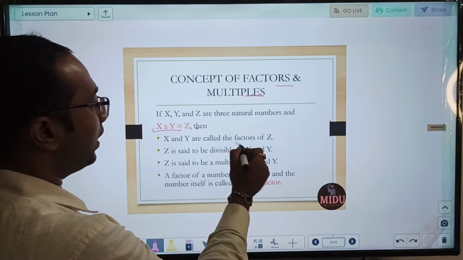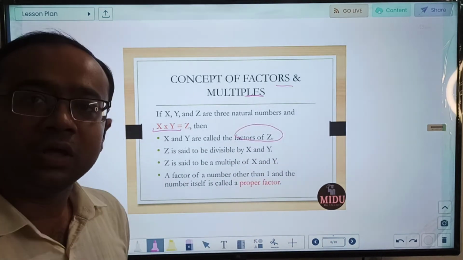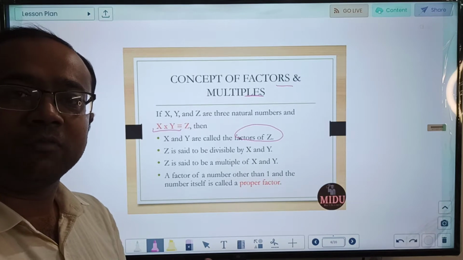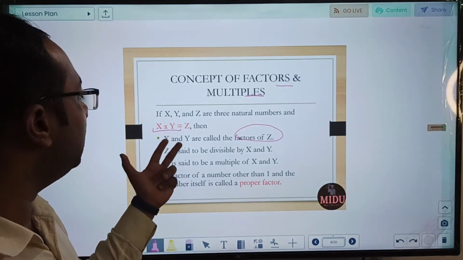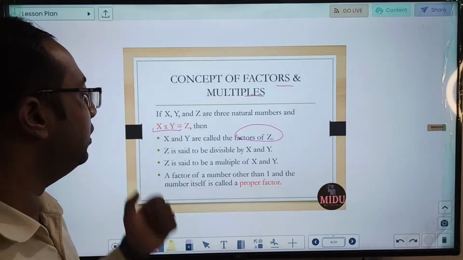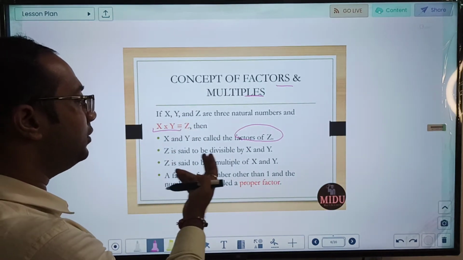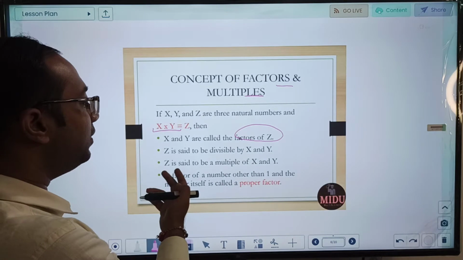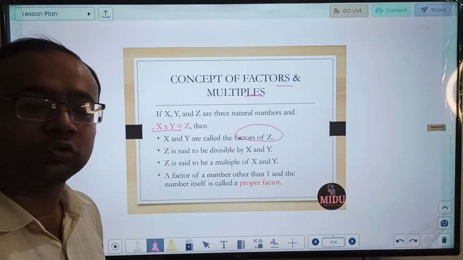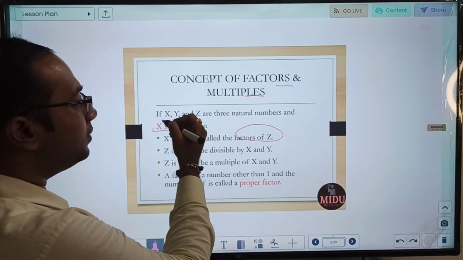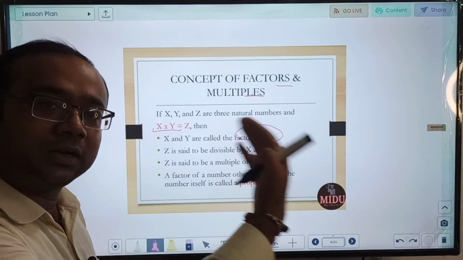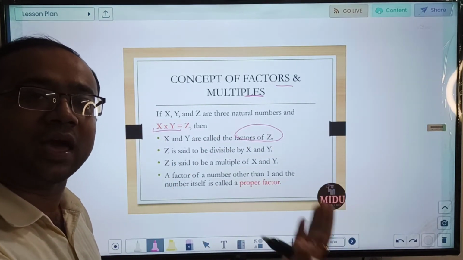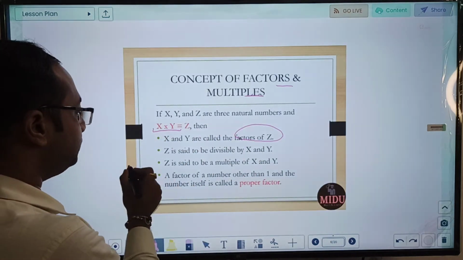To get the factors of a number, we need to break it into multiplication form and see what multiplies to give that number. Those are the factors. z is divisible by them, so z is a multiple of these two. So x and y are factors, and z is the multiple of these two.